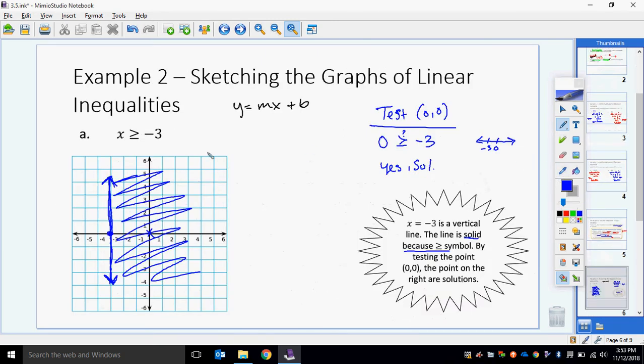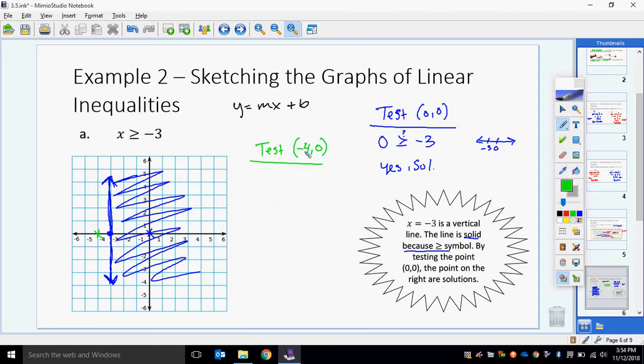If I wanted to get fancy, which I don't need to, and you don't have to write this in your notes, but you can always test another point, and maybe one that's on the opposite side. So one over here would be the point on this side, let's say -4, 0. And let's see what happens when I test this point.